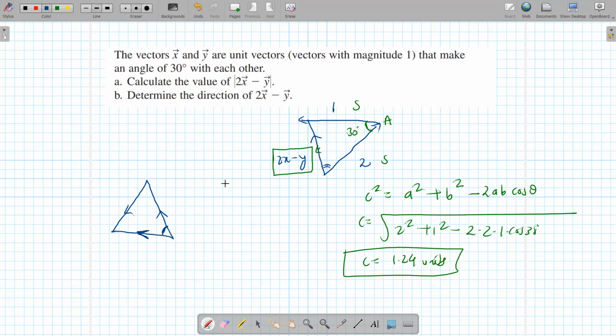We don't know the compass heading of this diagram. So when we find the angle, we're going to say it relative to the other sides. We're going to say it's 30 degrees away from vector x, or like 20 degrees away from y, or something like that. This is your x vector. This is your negative y vector. Okay, let's find this angle here. Any ideas on how to find that?